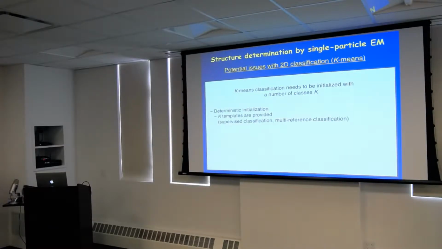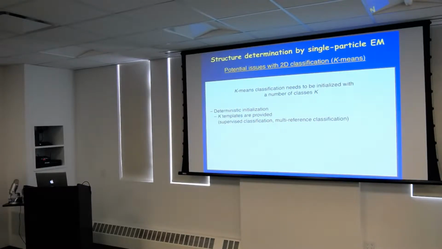You can do this in a deterministic way, where you provide the program the number of references, and the program is supposed to classify the data set according to the templates that you give it. Obviously, this is difficult if you don't know what the structure looks like, but once you have a better idea, this is one way to do it.